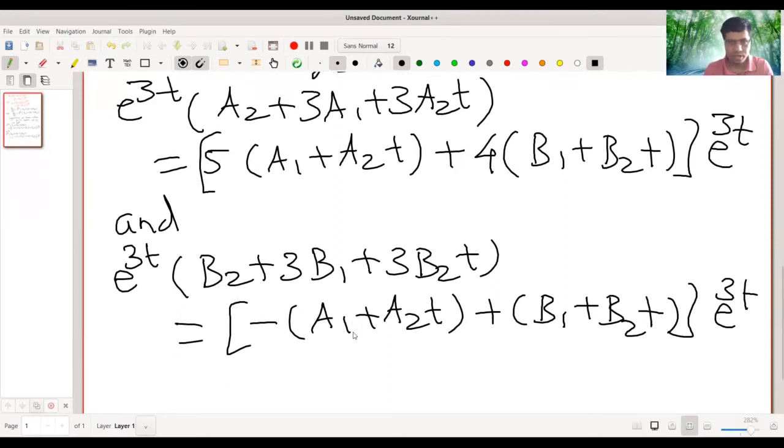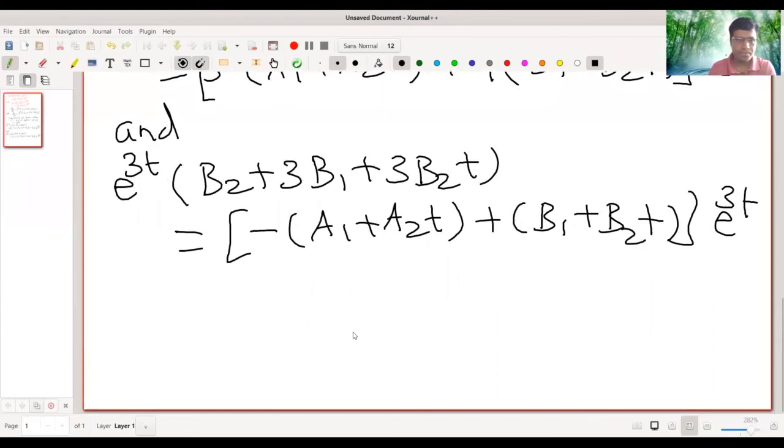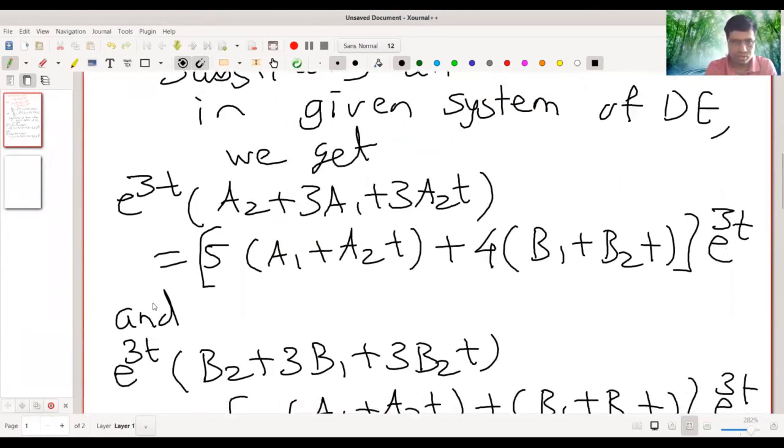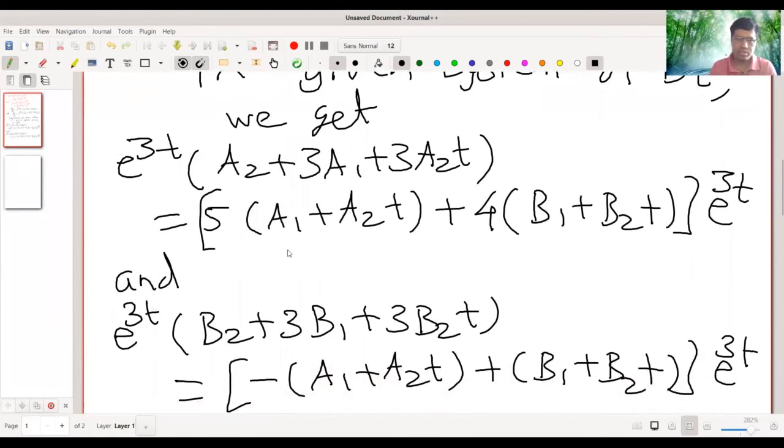Therefore, the first equation, if we take this to the left side, there are constants and multiples of t.